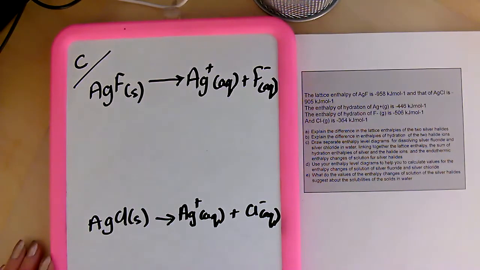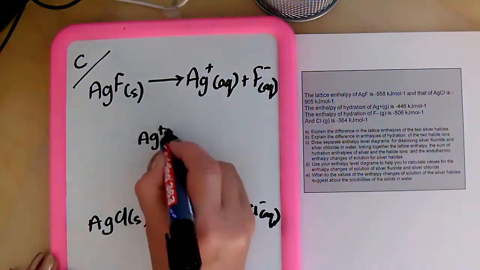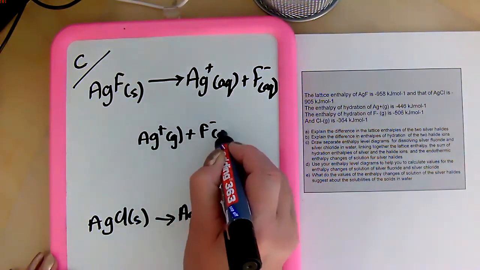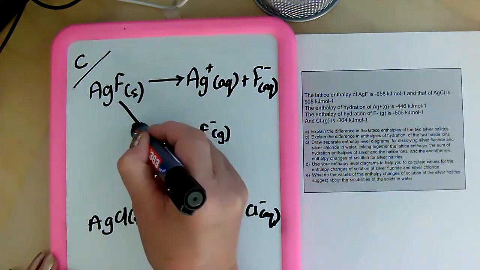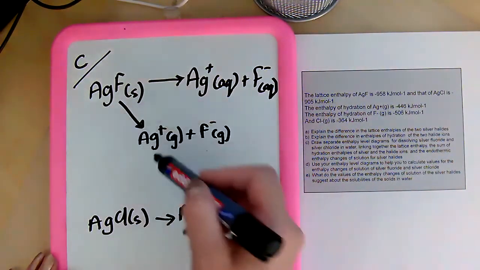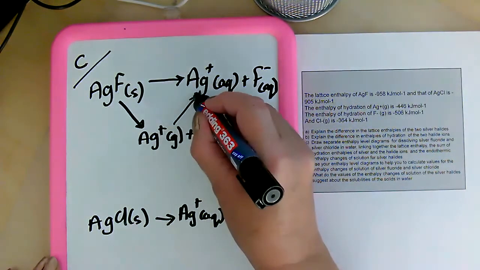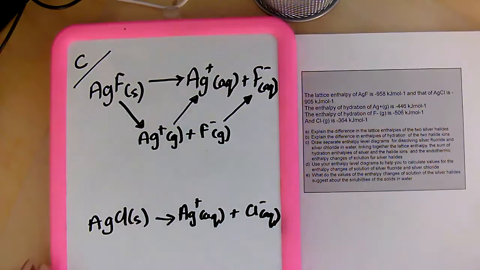We also need the lattice enthalpies. So here we can have gaseous silver ions and gaseous fluoride ions. So lattice dissociation enthalpy to give us the individual ions, and then here we've got hydration of silver ions and hydration of fluoride ions. I'm going to just write on the values here.